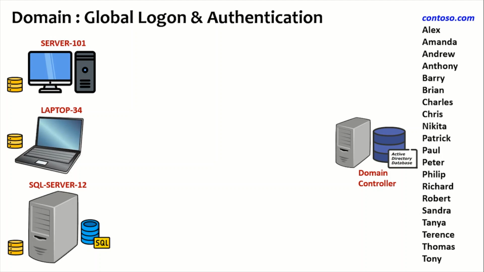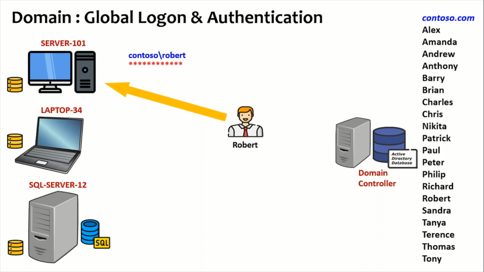Now we have created so many users in our Active Directory. So these users are not present in the local database. So let's say we have a user named Robert who tries to log on to server 101 using his domain credentials, his Active Directory credentials, and his secret password.